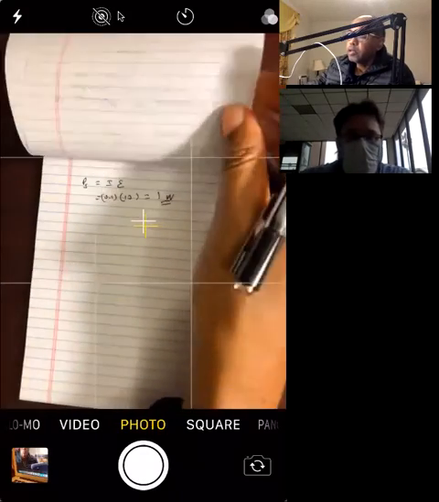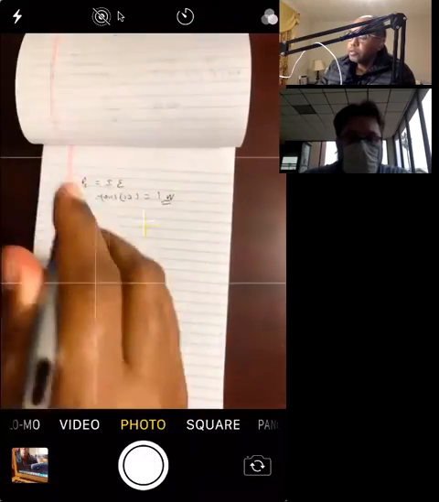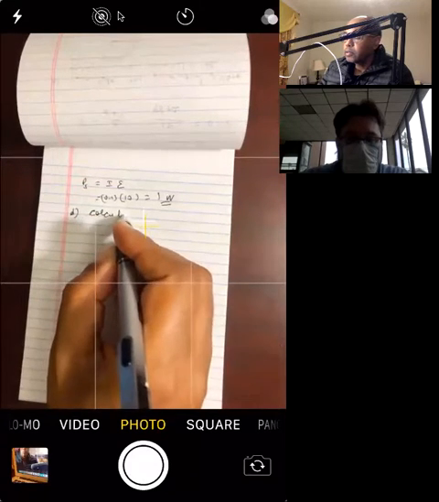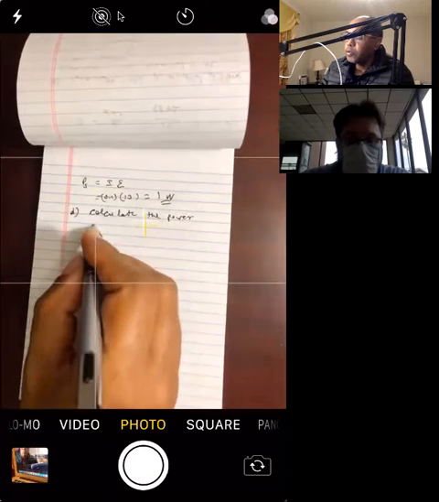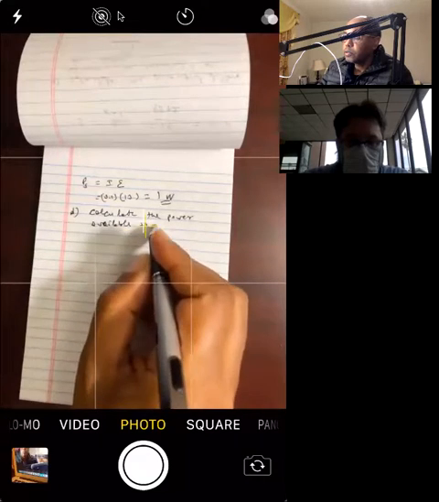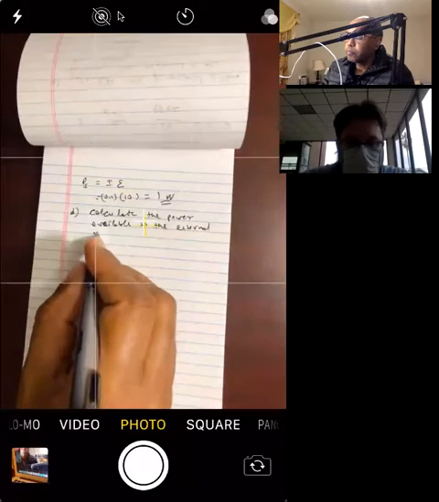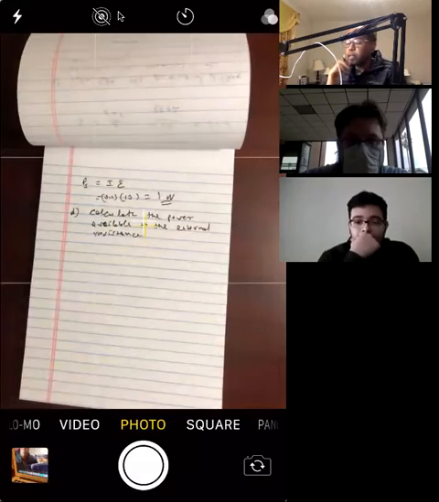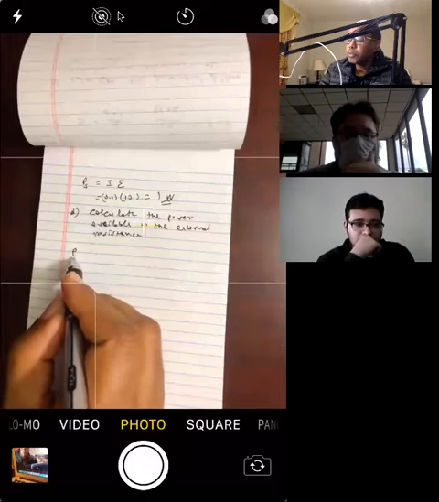And now let's calculate the power available to the external resistor, say D. Okay, so in this case, we're looking at the power dissipated in the external resistance.